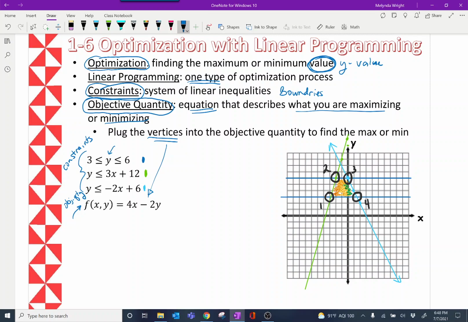So if we look at this green line, my drawing isn't very good, but if we went down 3 over 1, down 3 over 1, down 3 over 1, see it is right here. So that's an integer. We know number 1 and number 2 and number 3 are integers. Number 4 is not an integer. That's pretty obviously in the middle. So let's go ahead and write out our vertices.